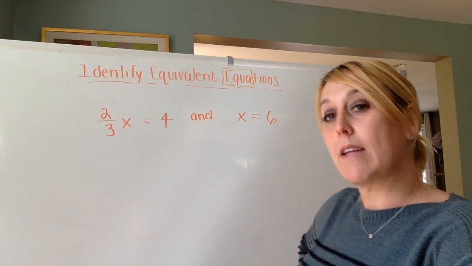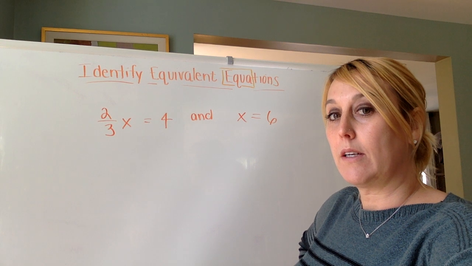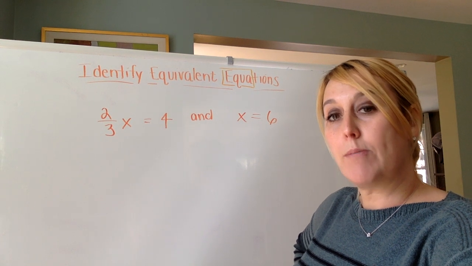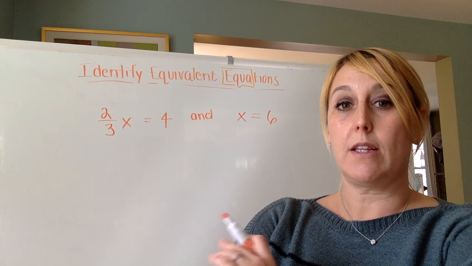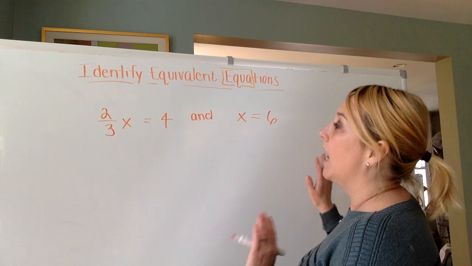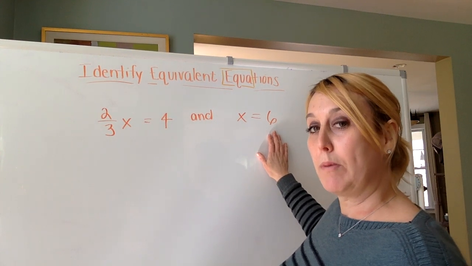Because they've given us a value for x, I'm going to say, let's go ahead and substitute and see what we come up with when we put in the value of 6 for x. When I say substitute, that's when we plug in the value that we've been given for x.